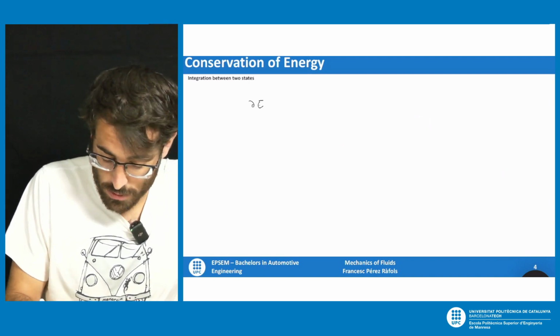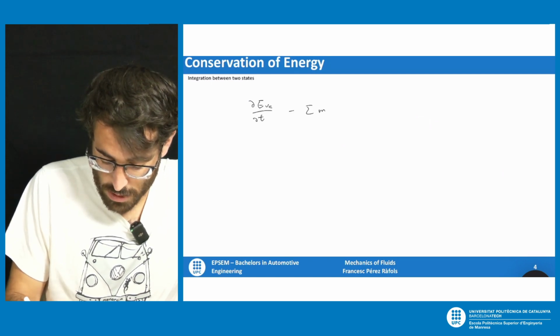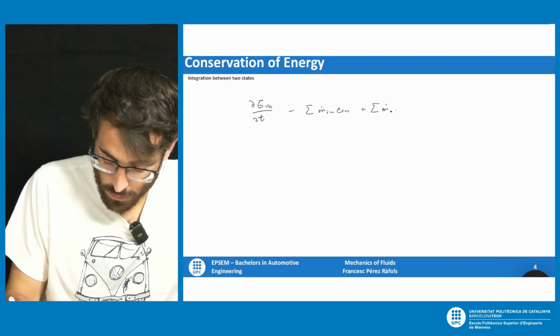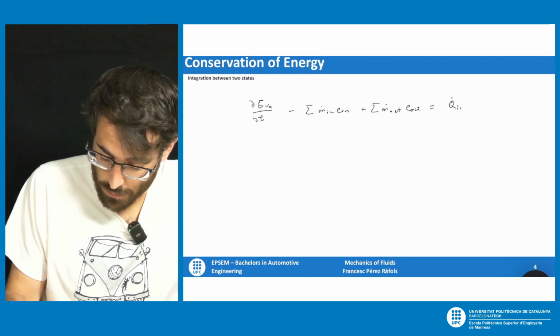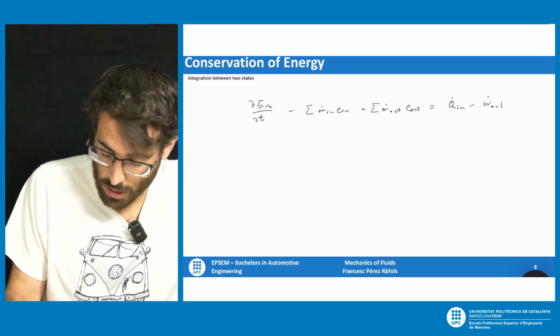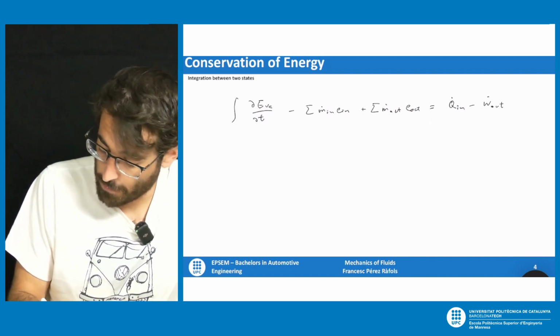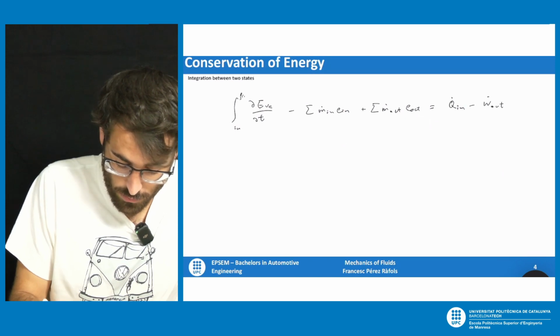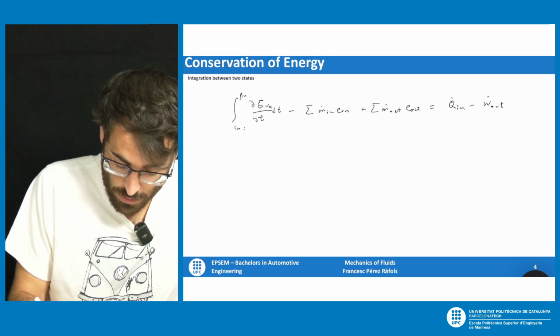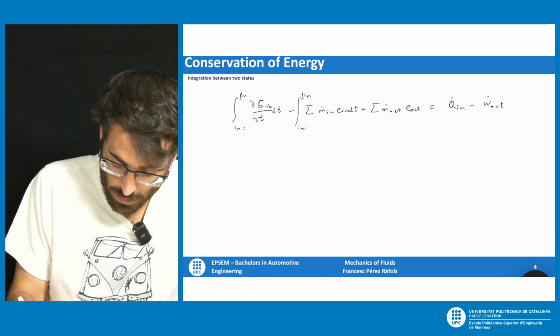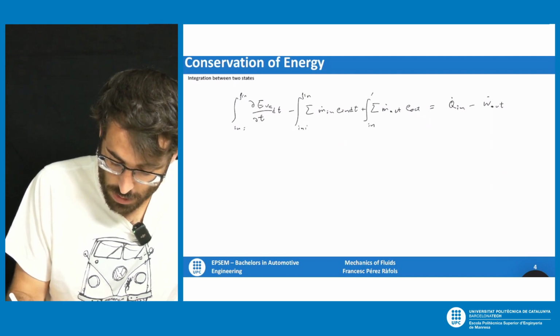So if we had this change of energy over time, minus the sum of mass in E in plus the sum of mass out E out equal Q in minus work out, what we can do is again integrate over time from the initial state to the final state of dt, and the same in all of them.